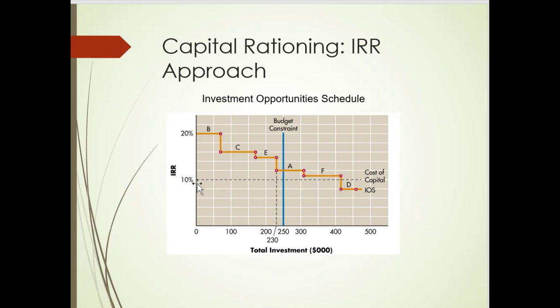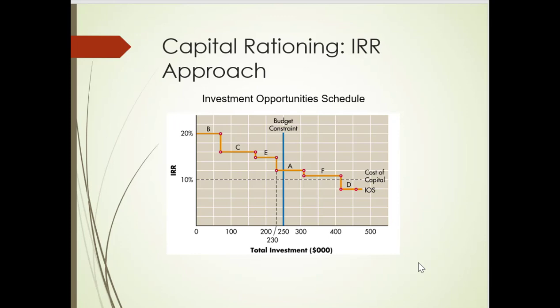As long as the projects have an internal rate of return greater than the cost of capital, again, B, C, E, A, and F, they're all acceptable projects, but with a budget constraint, we're going to cut it off right here. So we're going to do B, C, and E, and unless we can do part of A, we'll ignore all of A and F, and we never would have done D anyhow.